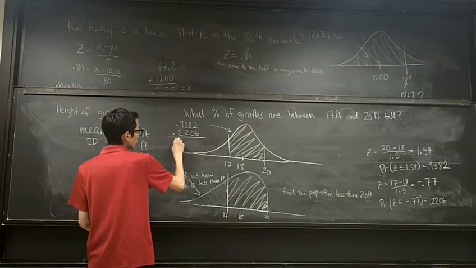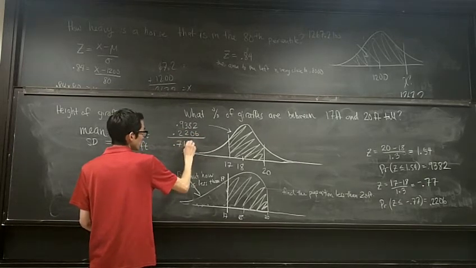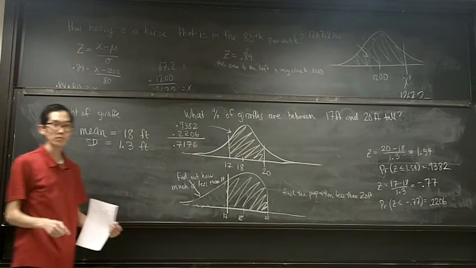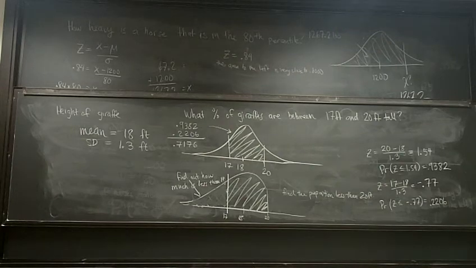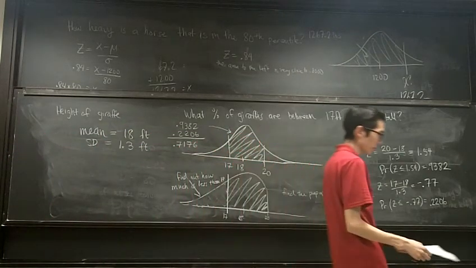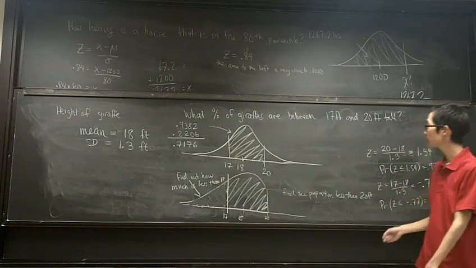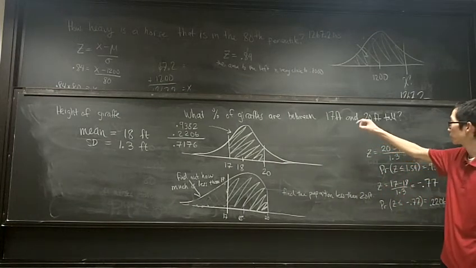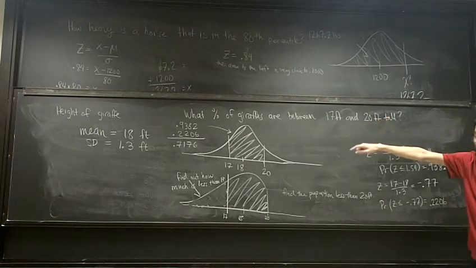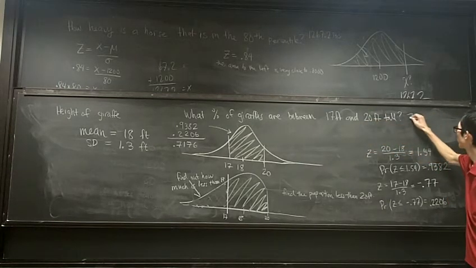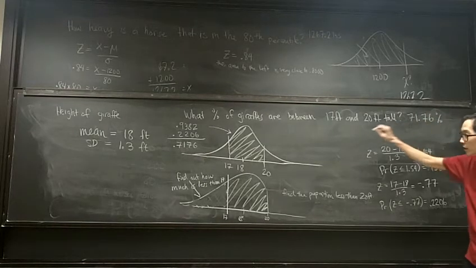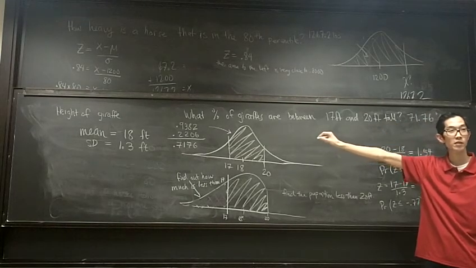And so that gives me 0.7176. The percentage of giraffes that are between 17 and 20 feet tall is 0.7176, or 71.76%. That is the area in between. Is that okay?